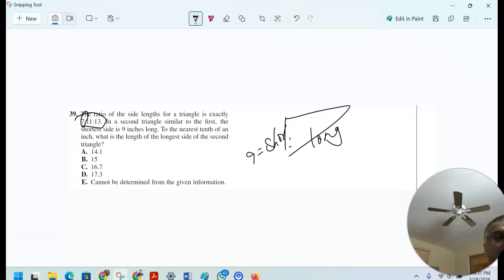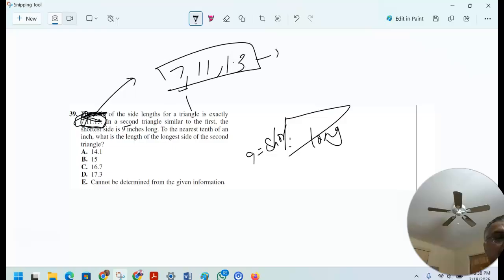So these are only the ratio the other triangle has, sides ratio, not actual length. This doesn't mean actual length, but the one with 7, 11, and 13 does not have any common divisors. So the divisor is just 1. So that's why we say these are the sides of the first triangle, the ratios.